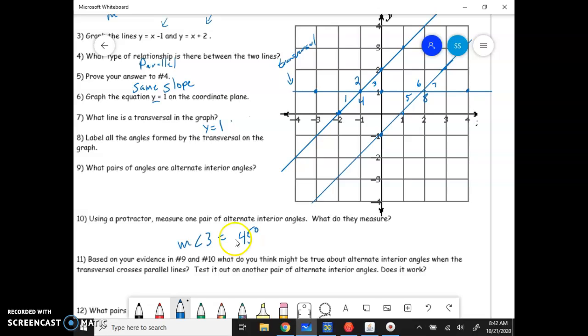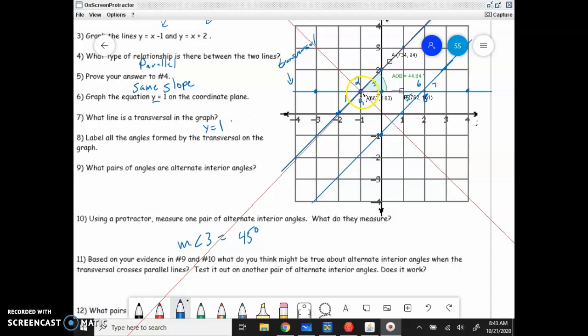What would be the other angle of the pair of alternate interior angles? Pause the video if you need to: 3 and 5. Let me pull up and measure angle 5. I'm going to move this over here.